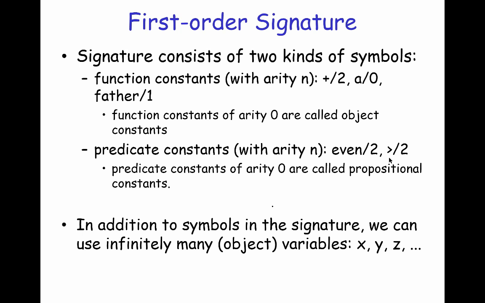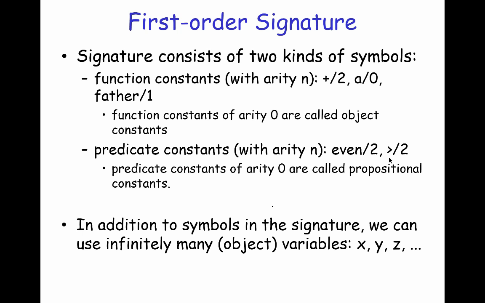Now, in addition to these symbols, in first order logic, you can use something very similar to object constants, but these are called object variables, and you can use infinitely many variables even without specifying a signature. The difference is that once you fix the signature, you can use just that set of symbols, while the variables are not restricted in that way.